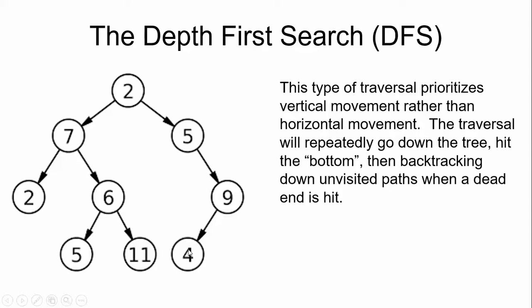And then eventually we would explore the whole structure that way. So it's like searching the tree structure by plunging down to the bottom and then recursing back up until the whole tree structure has been explored. The DFS is very, very easy to model.